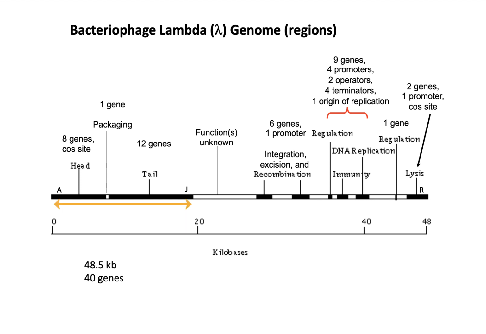And again, on the left-hand side, you see the head and tail genes, and then one gene for packaging. On the right-hand side, you see the gene for lysis. And then in the middle, you have a control region consisting of 9 genes, which also includes 4 promoters, 2 operators, 4 terminators, and 1 origin of replication. And then a couple of genes over here for integration, excision, and recombination.